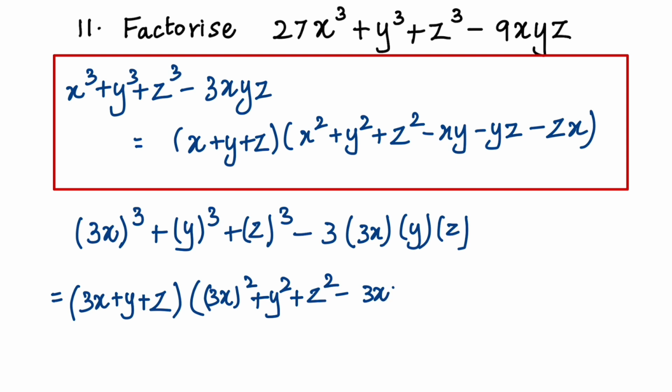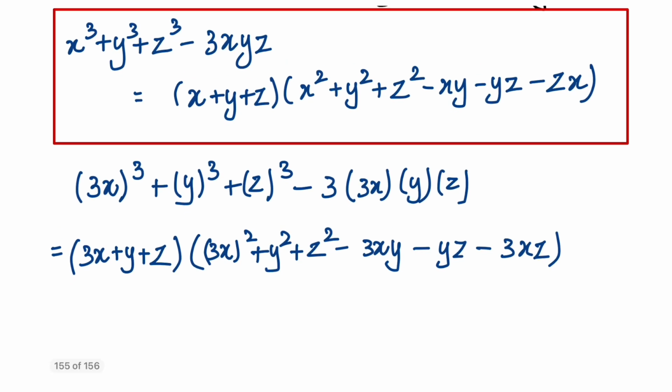So 3x into y, minus yz minus zx, right? So minus 3xz or minus 3zx, anything is fine. Sorry, only one bracket is required. So this is your factorized form.